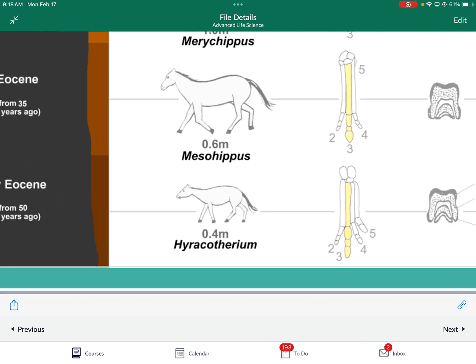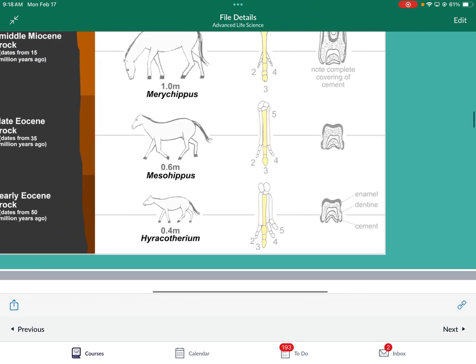So look at the shape of this earlier horse species here. You can see it's got, what is this, 4 finger-like structures for its feet. You can see its teeth have heavy enamel, which may indicate the kind of food that it's eating.